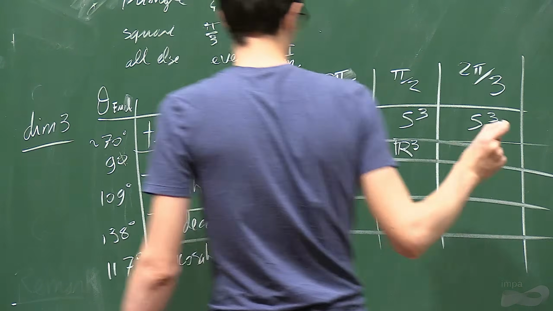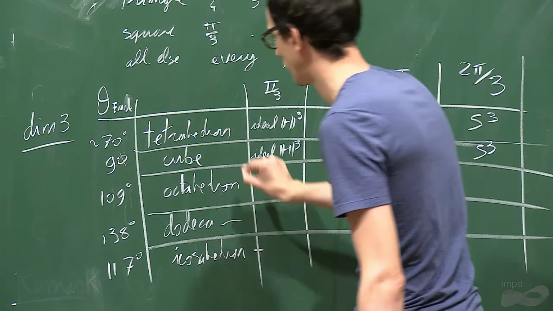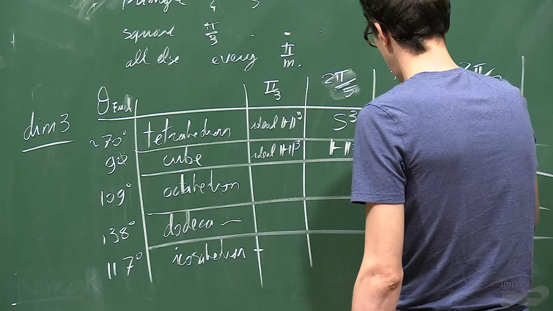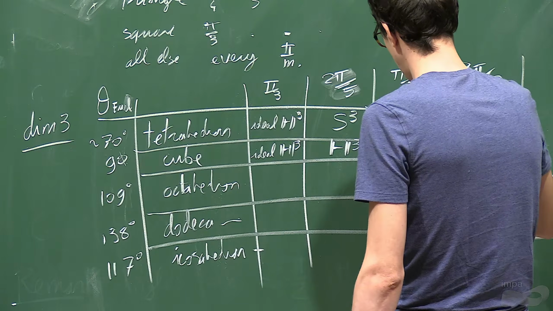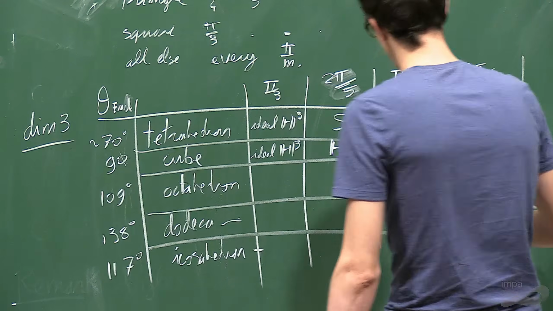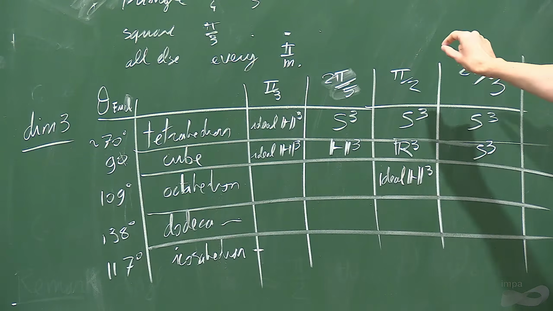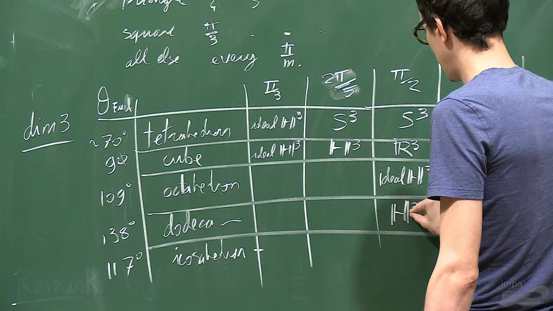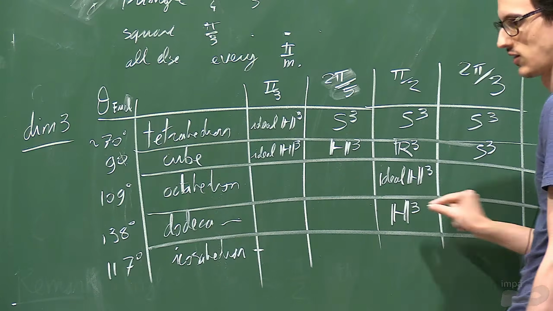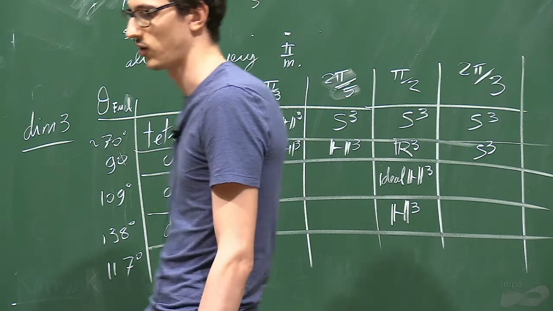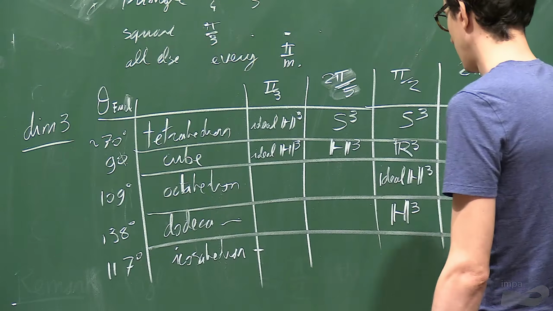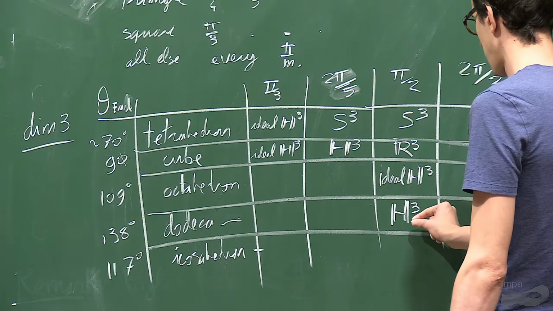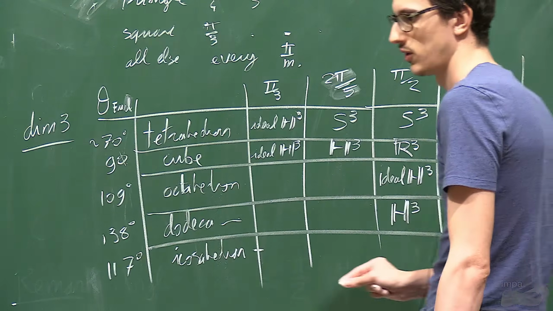Interesting polytopes are the octahedron and the dodecahedron. So the octahedron can be realized as ideal in H3 with right angles, and the dodecahedron can be realized in H3 with right angles as a compact polytope.